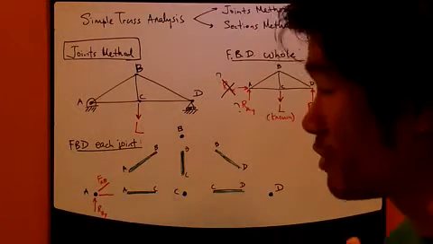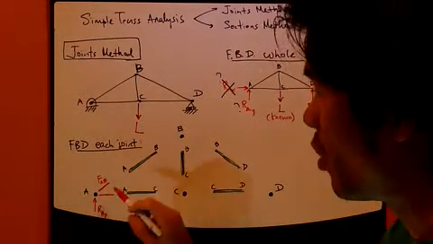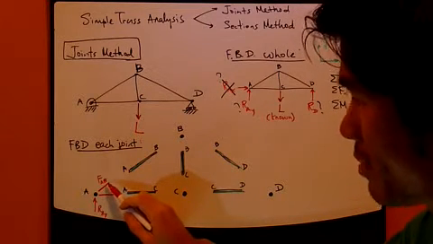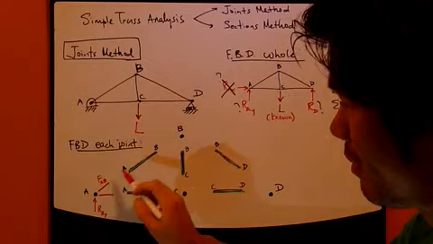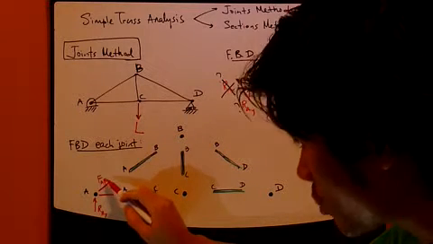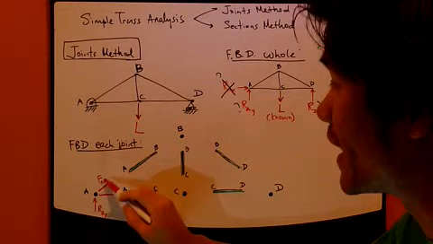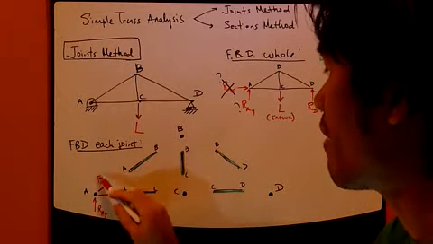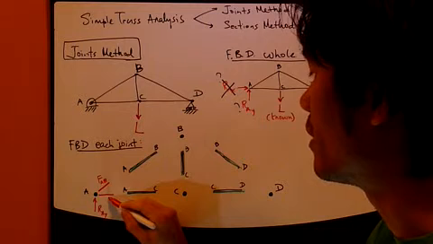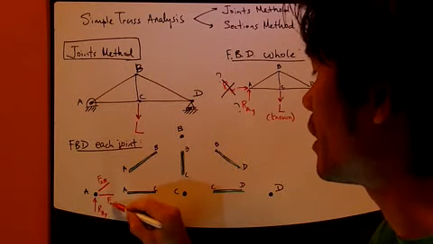I need you to follow this convention too. Whenever you draw a force coming from a member, always call it F with a subscript, and this subscript should indicate which member. So this is F, a force coming from member AB, so FAB. This we call FAC.